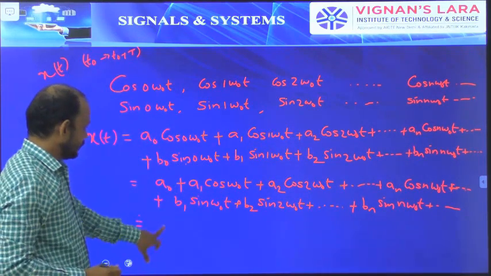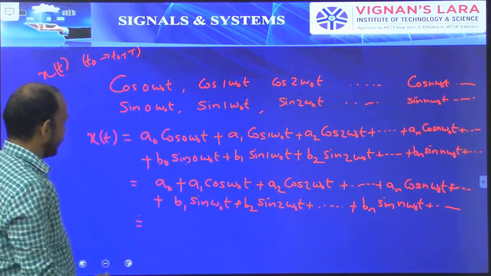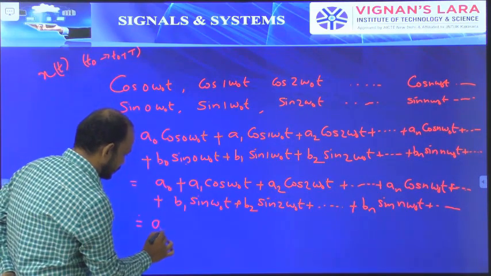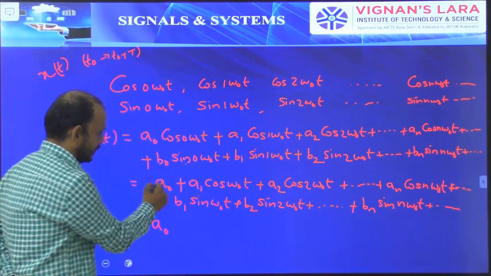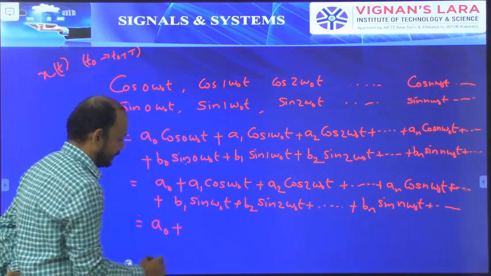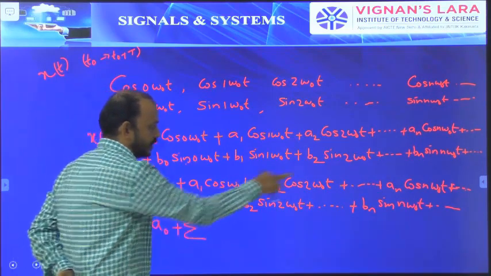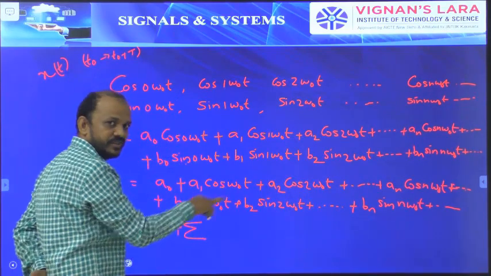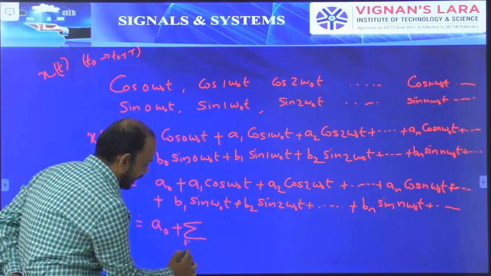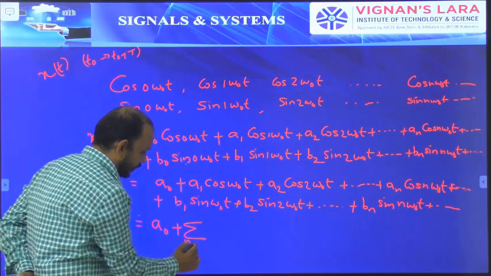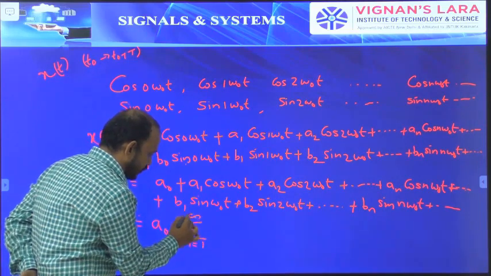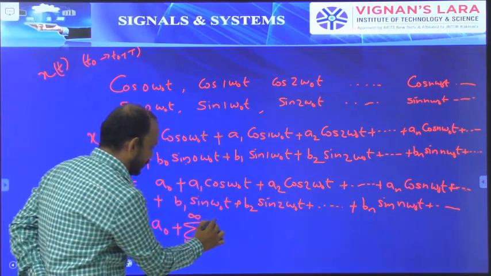For that reason, first I am writing a0 as a separate one, plus summation. Here also the n value is from 1 to infinity, so I am writing n equal to 1 to infinity.